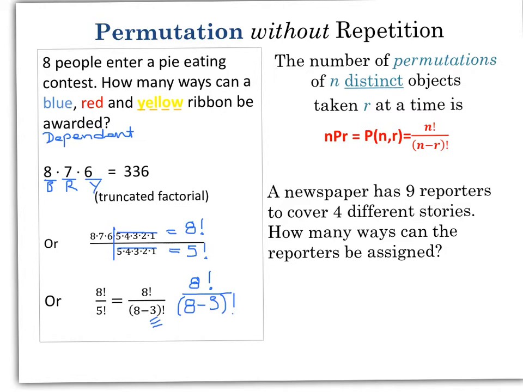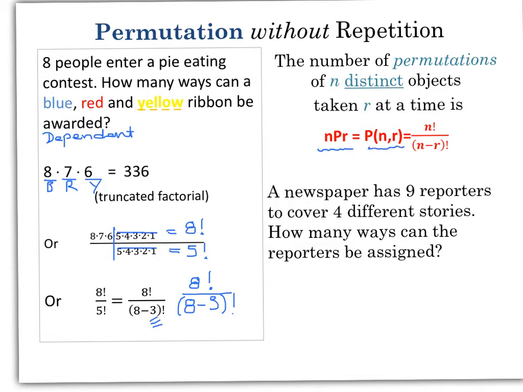So this is a permutation of n distinct objects. That was the 8 people in the contest, taken r at a time. The r at a time means you have first the blue ribbon, then the red ribbon, then the yellow ribbon. Depending on your calculator, and I don't want you to find this yet because I want you to know how to do it by hand, you might see nPr, and you might see it as an ordered pair.